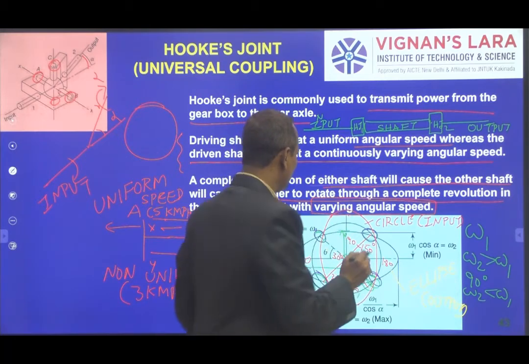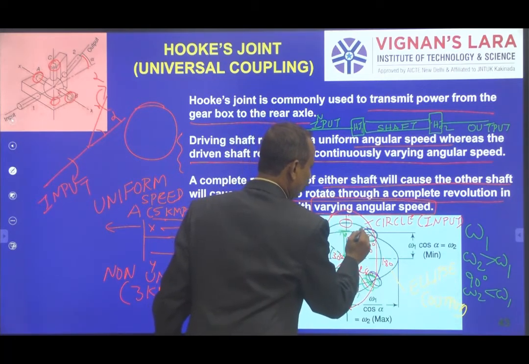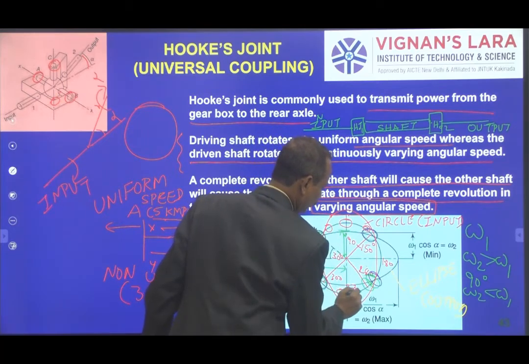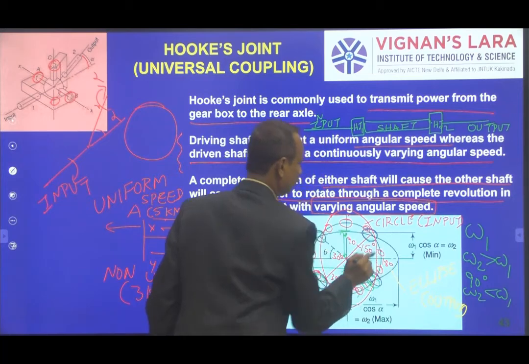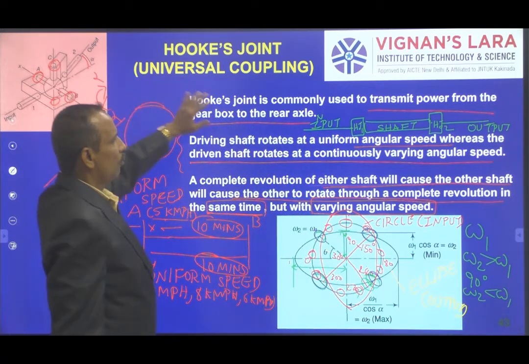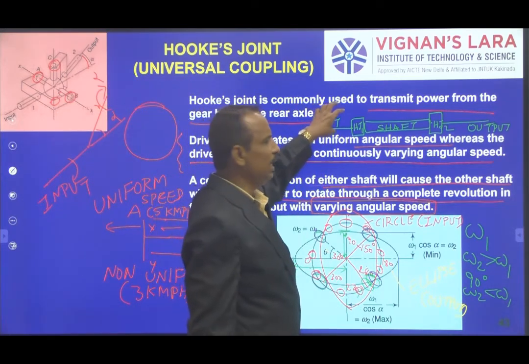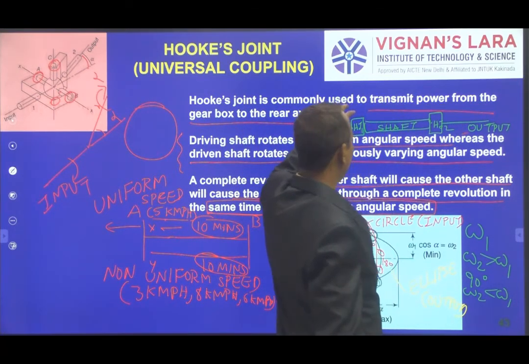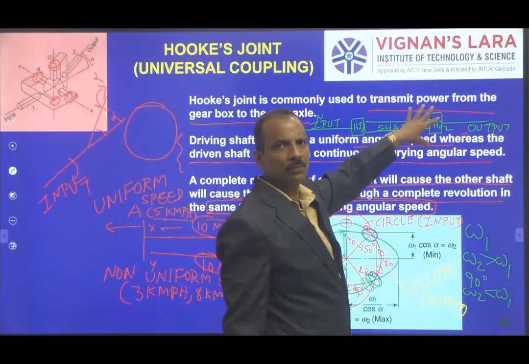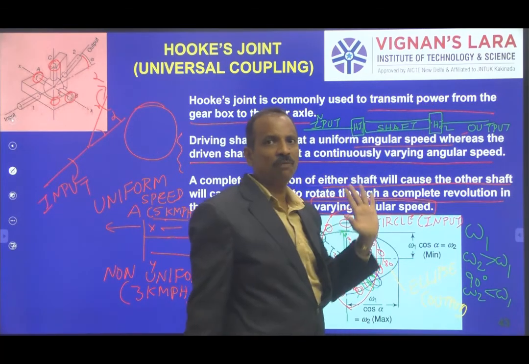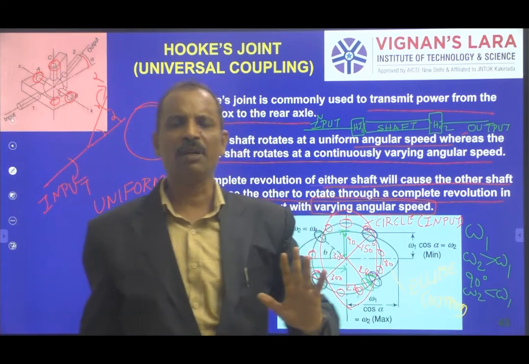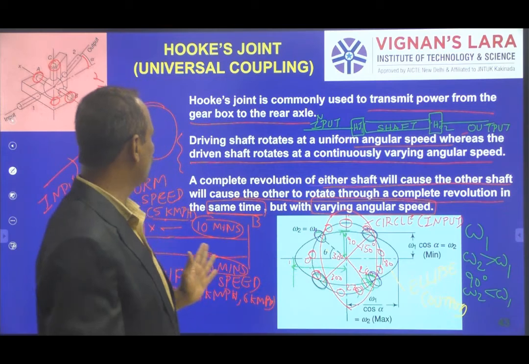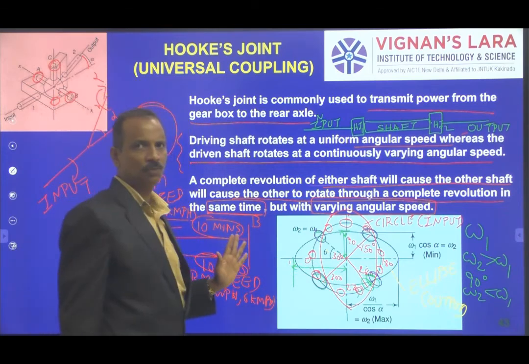So the resultant is that at any location you get the same radius. That means whatever the input angular velocity, you get the same output angular velocity. That is taken care of by the double hook joint. So in the intermediate shaft the variation will be there, whereas at the output shaft there is no variation, isn't it? So that is why a double hook joint is used.